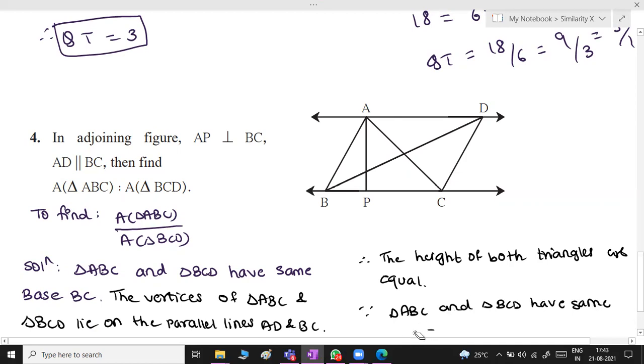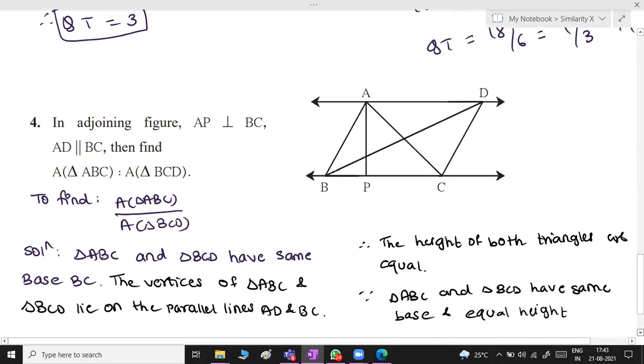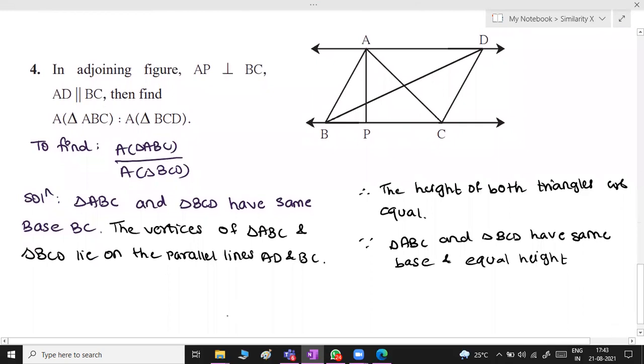Same base and equal height. The ratio of the triangle is going to be 1.